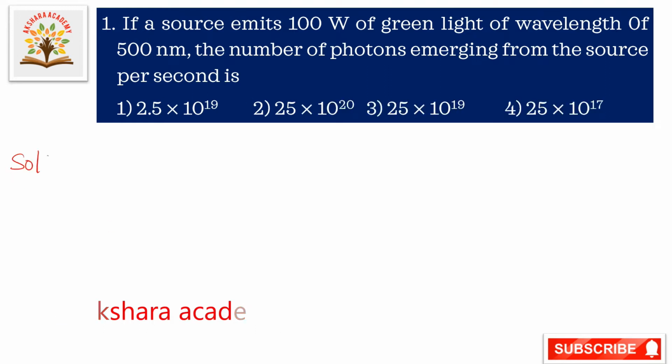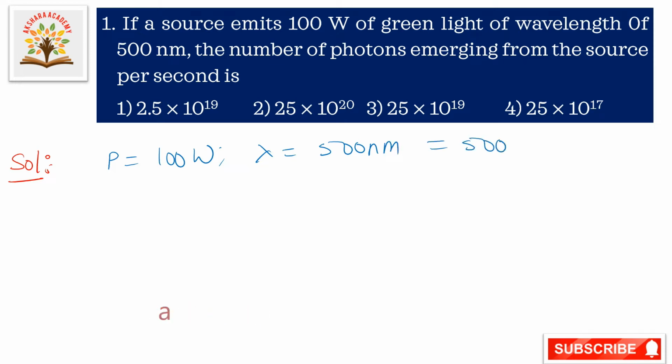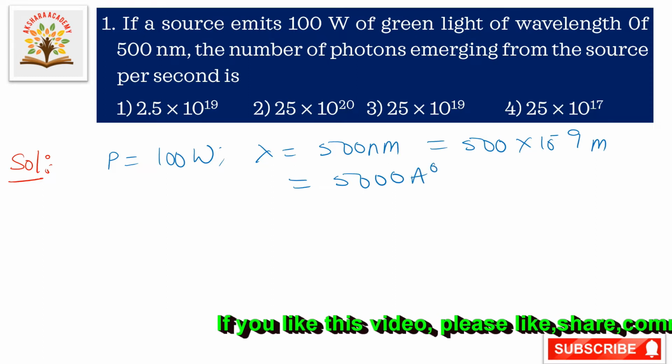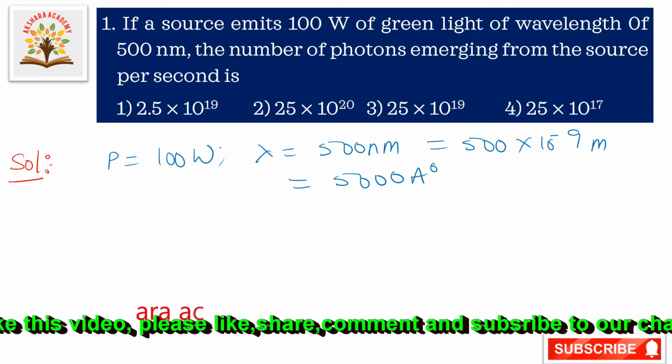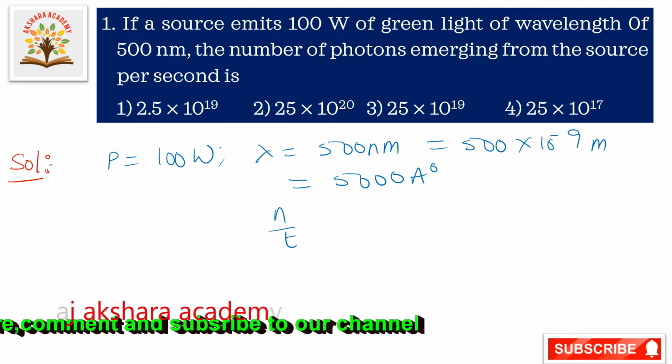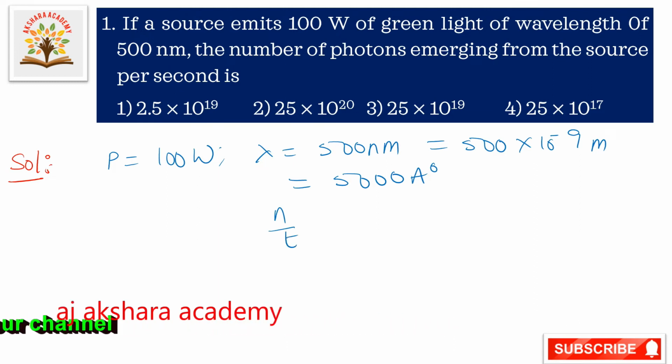In this question, they given P is equals to 100 watts, lambda is equals to 500 nanometers. Converting into meters, 500 into 10 to the power of minus 9 meters, and this can be written as 5000 Armstrongs. So now we have to calculate number of photons emerging from the source per second.